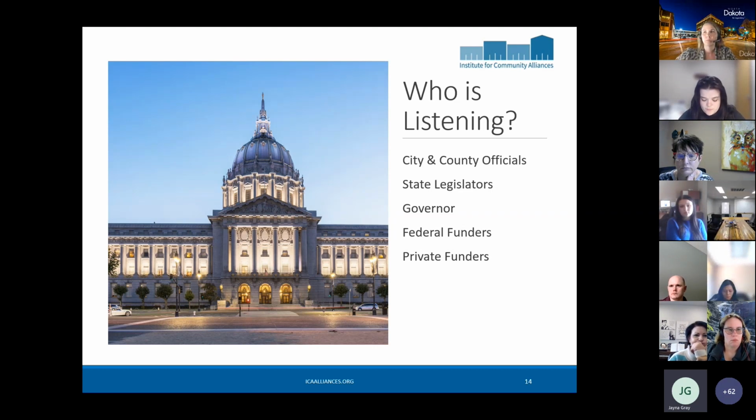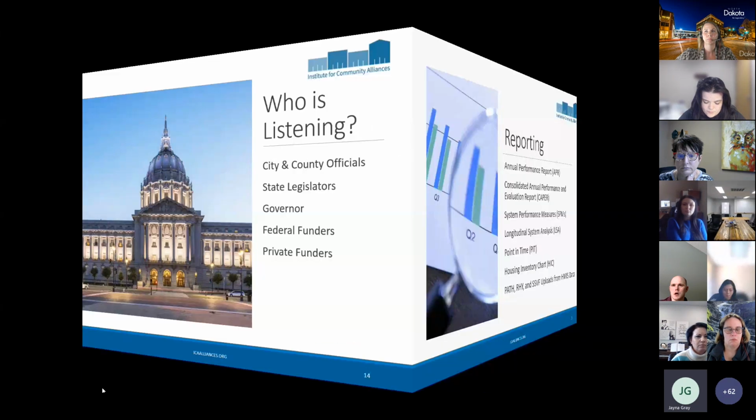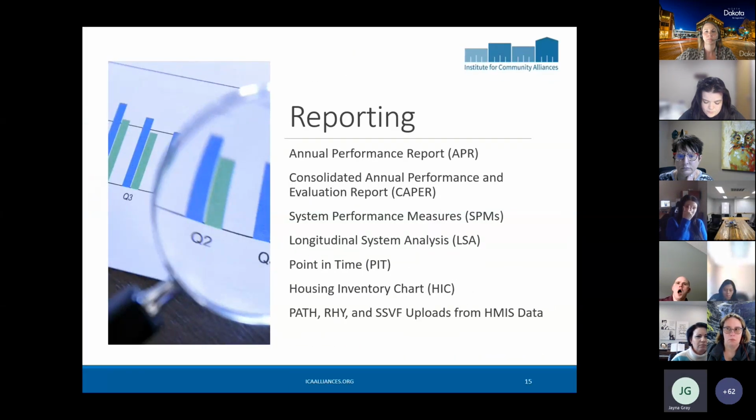The state legislature gets a report every year put together with data points of what it looks like in North Dakota. The governor, federal funders, and private funders are looking at data to see how effective we are at serving people.